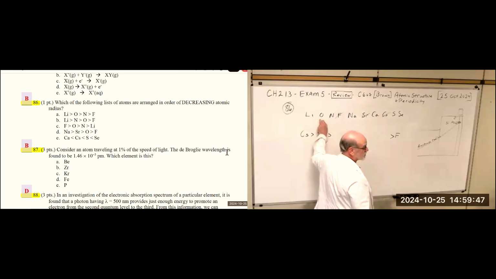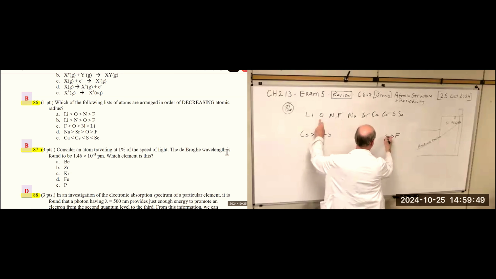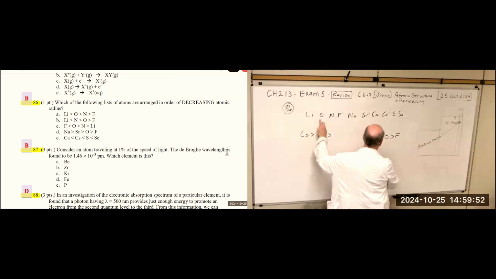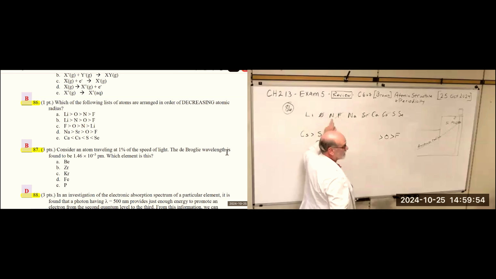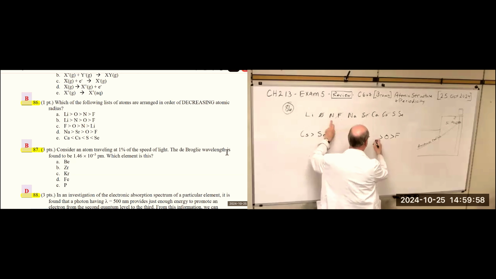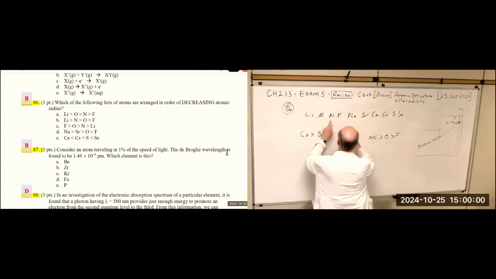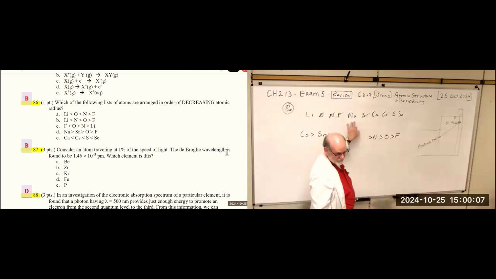We've got oxygen right next to fluorine. Okay. And then nitrogen next to oxygen. And then what's next to nitrogen? Carbon. There's no carbon in there. Is there? No carbon.